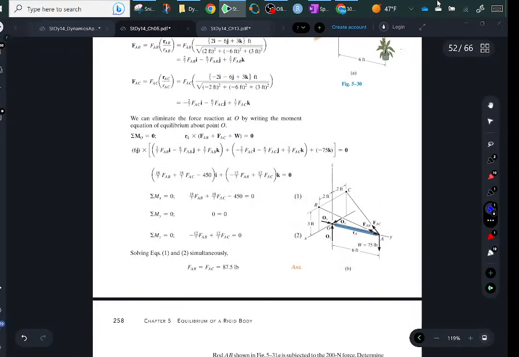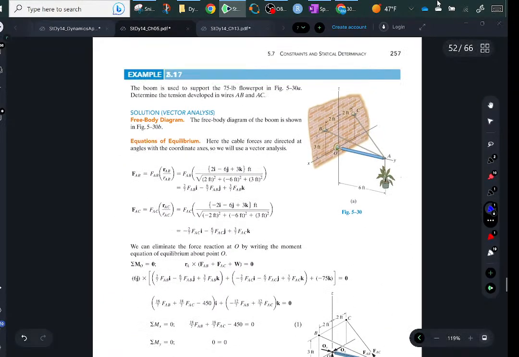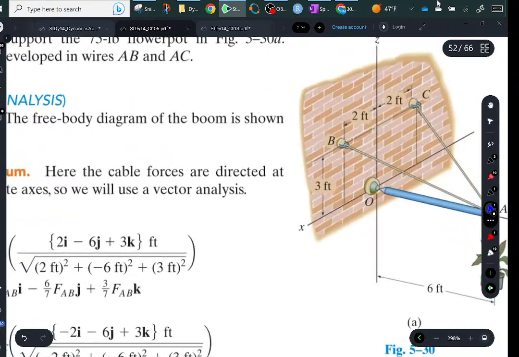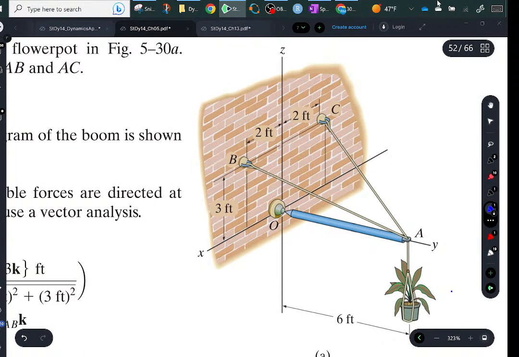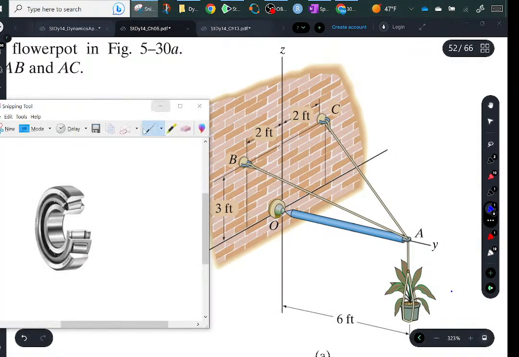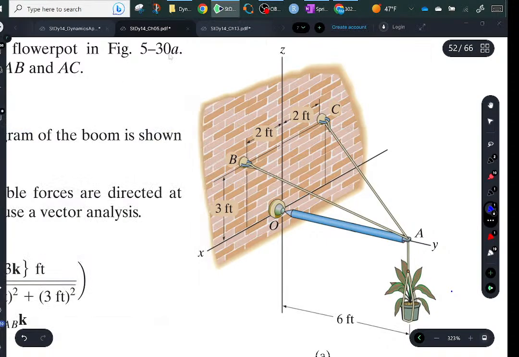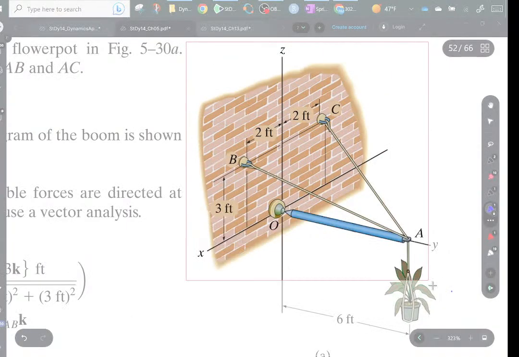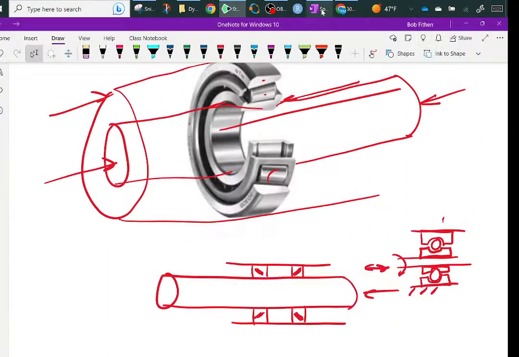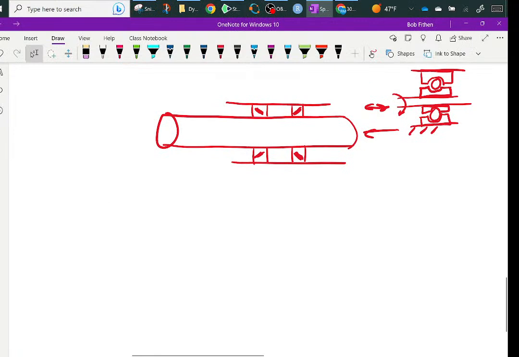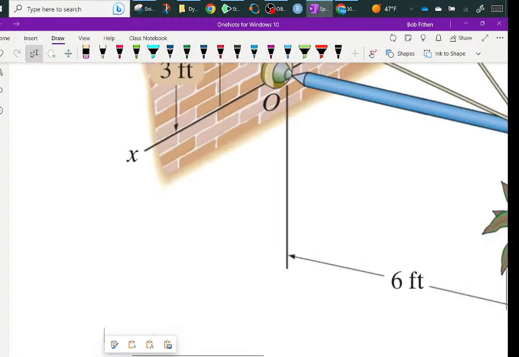Okay, so to me, the way I would solve this one is similar to what he's doing, but I recognize I got enough time to kind of pick this one apart.